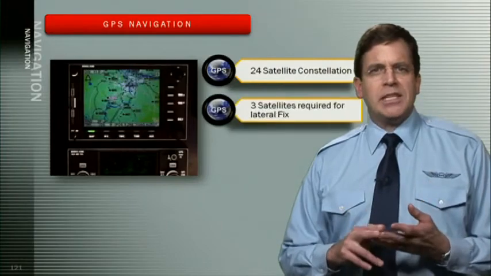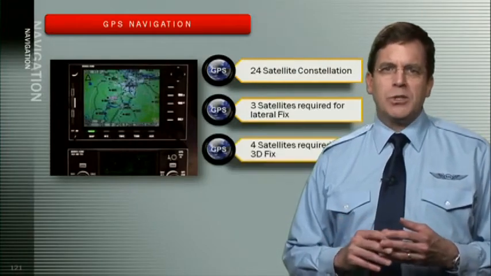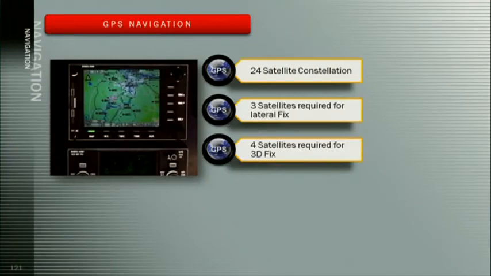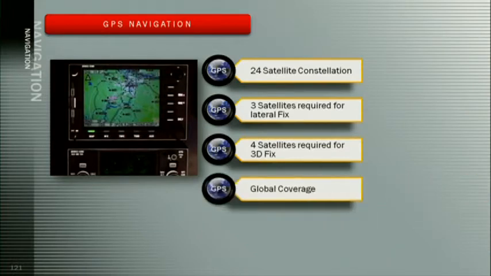However, reception of at least 4 satellites is required to obtain an accurate 3D navigational fix. The signal strength must be at or above an approved acceptable level before determining a position. GPS accuracy and reception is provided globally.